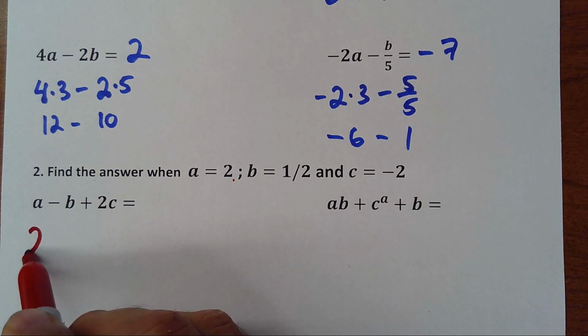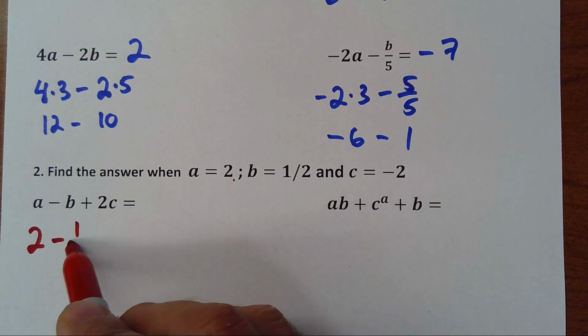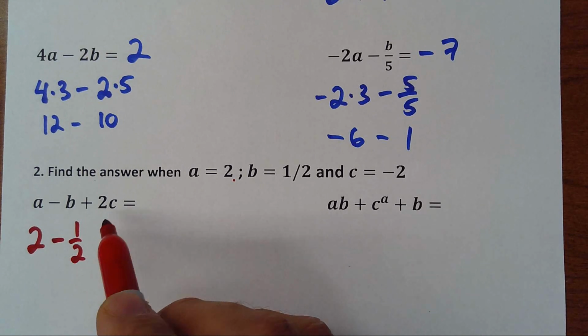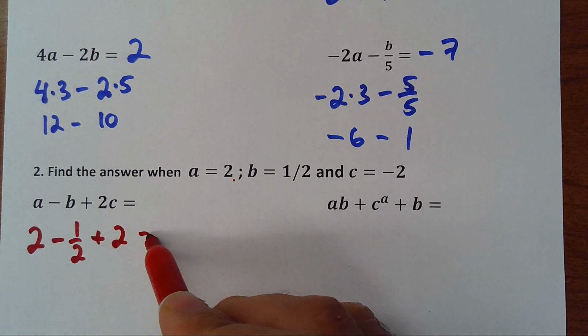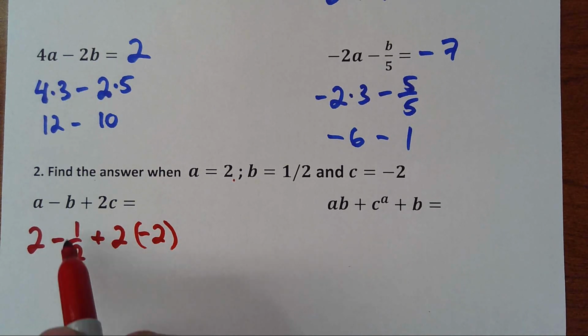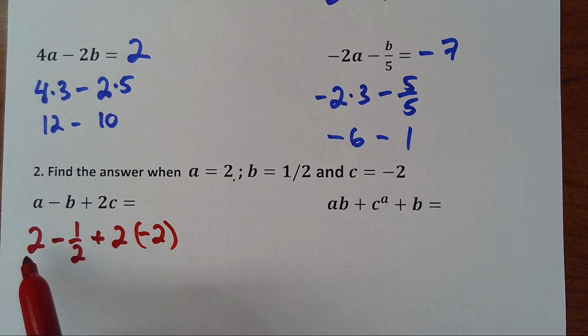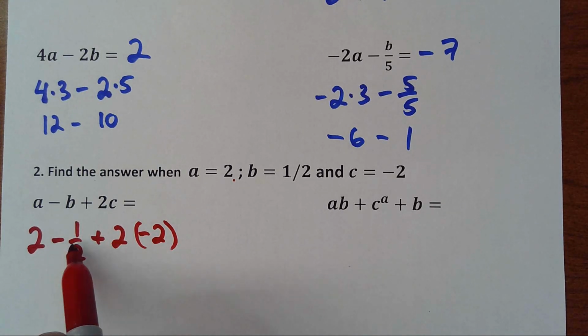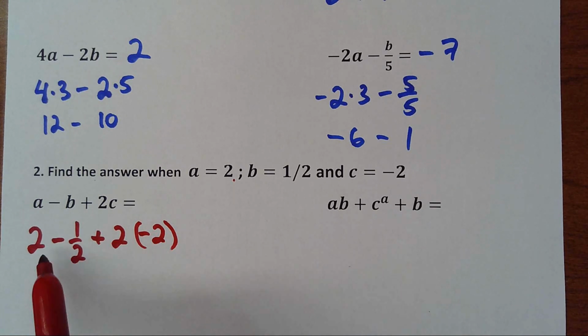Okay, so a minus b is 2 minus 1/2, and c is negative 2, plus 2c, 2 times negative 2. So 2 minus 1/2, I assume you know how to subtract fractions, but you can do it as a decimal. 2 minus 0.5 would be 1.5 or 3/2. So this here is 3/2.